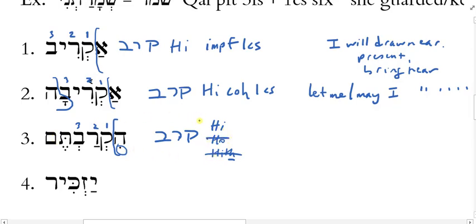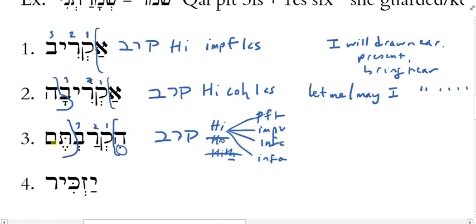Good. Now, in the hifil, I have 4 places where the hey prefix shows up. Perfect, imperative, infinitive construct, infinitive absolute. How do I know that? Look at your principal parts, and that's what you see, right? Look at the back side, and I have the ending tem.